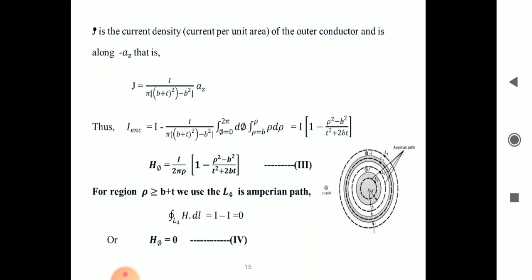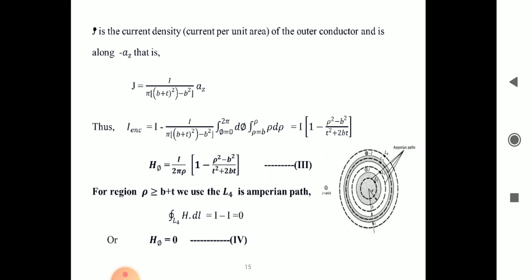J is the current density, that means current per unit area of the outer conductor, and it is along the z-axis. That is, J is equal to minus I by pi times the quantity (b plus t) whole square minus b square, in the a_z direction. After doing all these integrations, we are going to have H phi equal to I by 2 pi rho times 1 minus (rho square minus b square) by (t square plus 2bt).